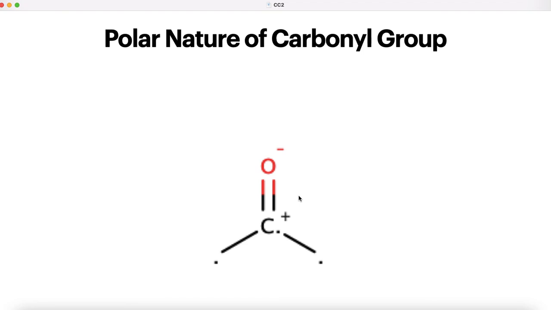That's why the dipole moment value for the carbonyl group is about 2.7 D. So this bond has 40 to 50% ionic character.